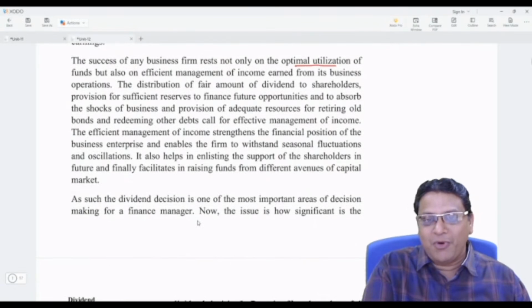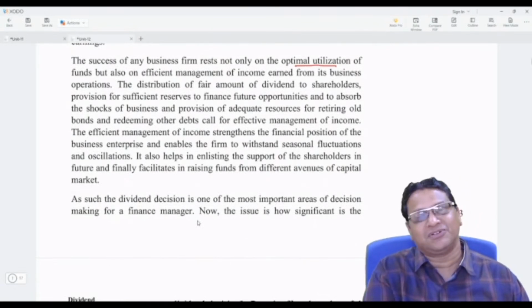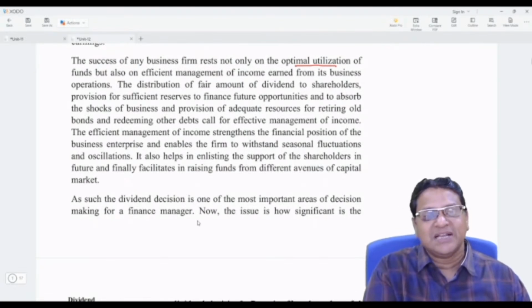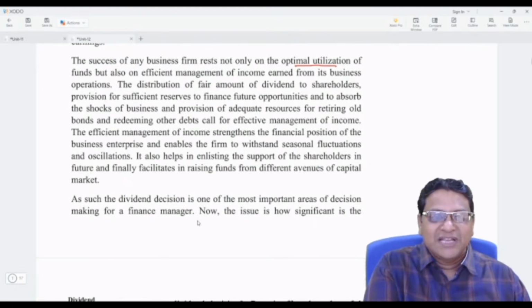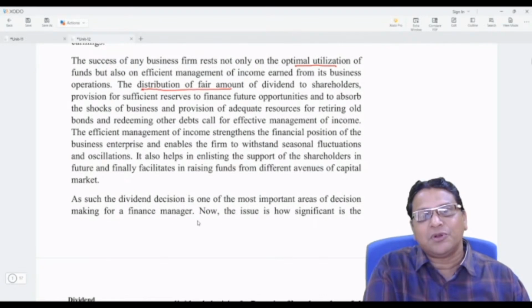Once the income occurs to the business, we want to study the utilization of funds. So dividend decision is the decision regarding distribution of a fair amount of dividend to shareholders and making provision for retained earning.